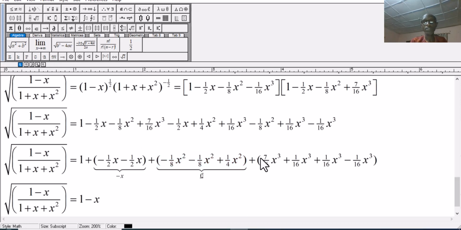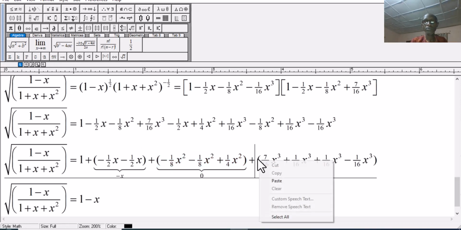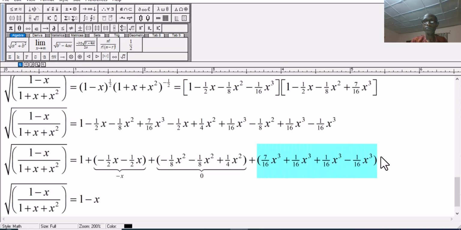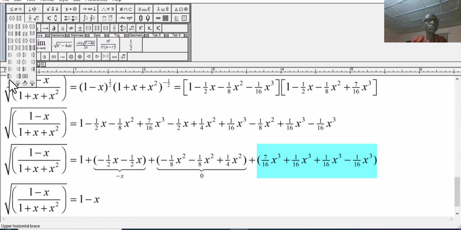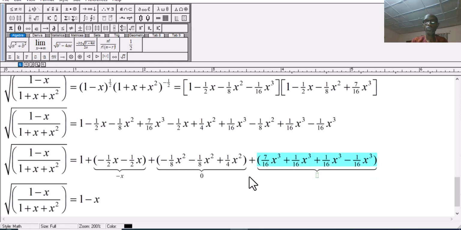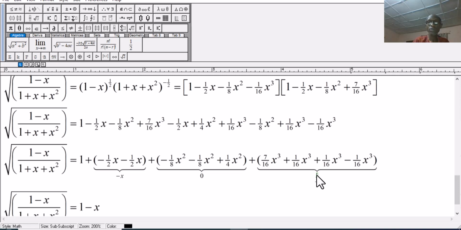That's 0. Then everything here we go to 2. So this becomes 1 over 2 x cubed.